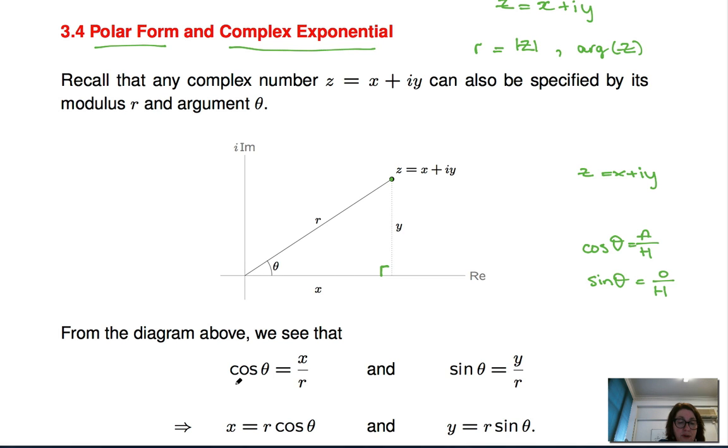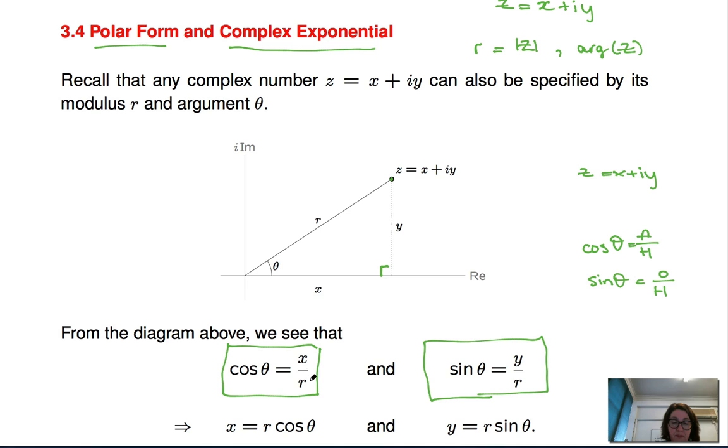So I can write cos theta as x over r, and I can write sine theta as the opposite over the hypotenuse, and in our picture the opposite is y and the hypotenuse is r. So now I've got theta, x and r represented together, and theta, y and r in this equation as well.